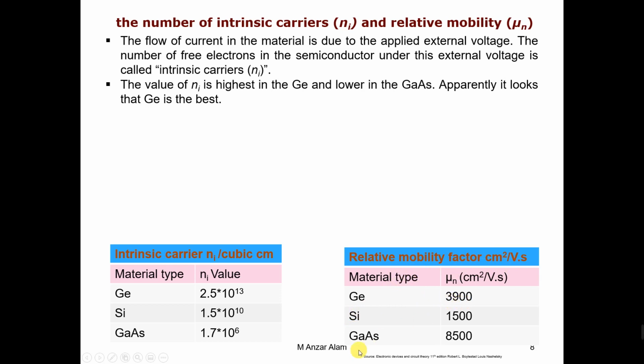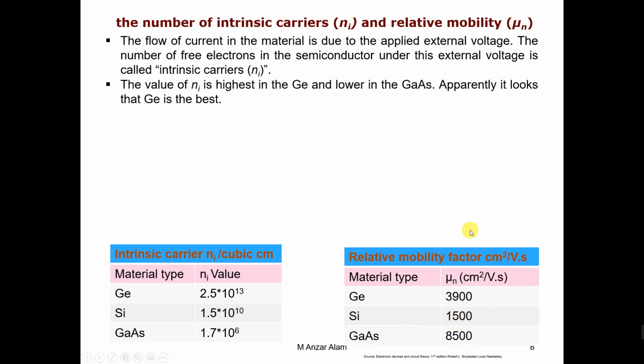The highest is for gallium arsenide, 8500. So gallium arsenide has less concentration, but at the same time its mobility factor, the movement of the free electrons, is very high, more than 5 times higher than silicon.